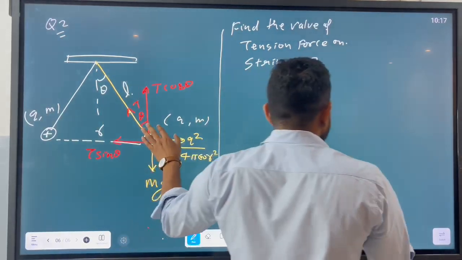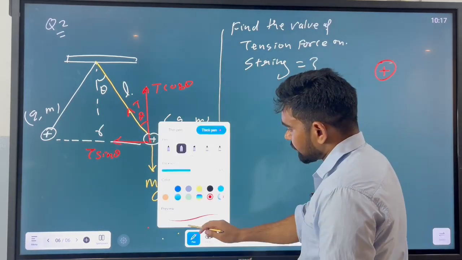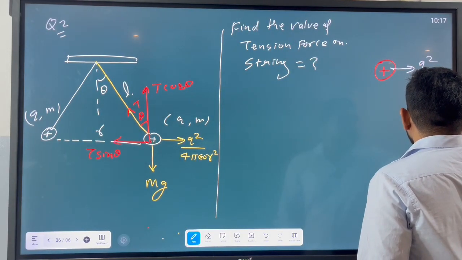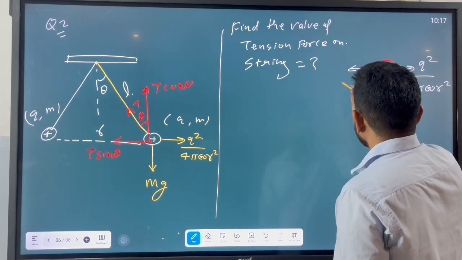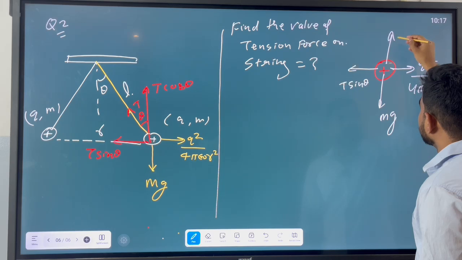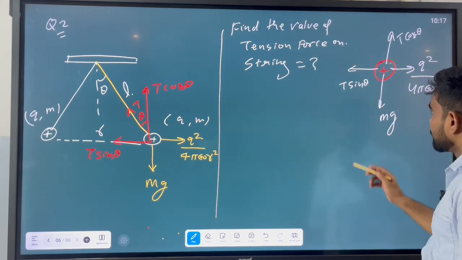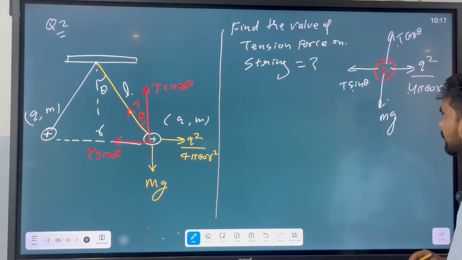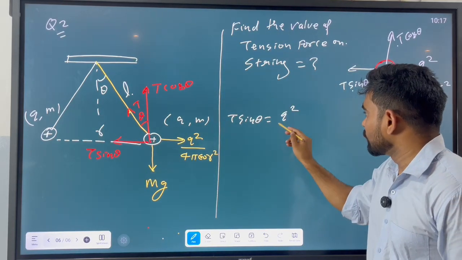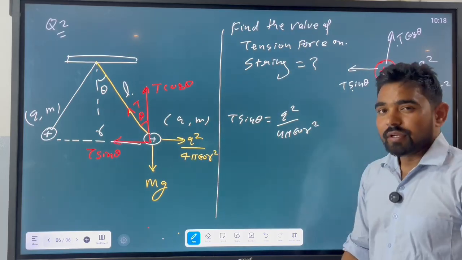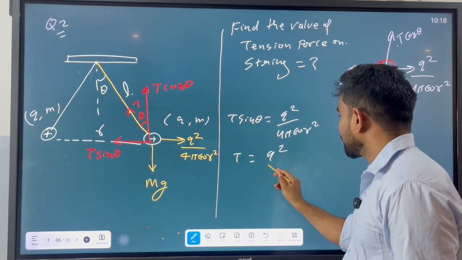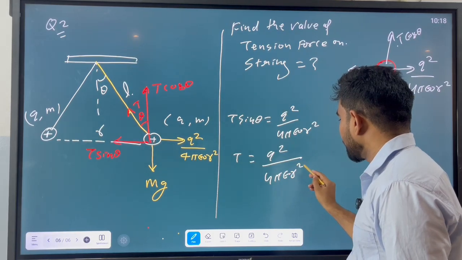In the FBD of this charged ball, along this direction the force is q squared over 4 pi epsilon naught r squared and T sin theta, downward mg, and upward T cos theta. These balance each other, so T sin theta equals q squared divided by 4 pi epsilon naught r squared. To calculate the tension on the string, T equals q squared divided by 4 pi epsilon naught r squared sin theta.